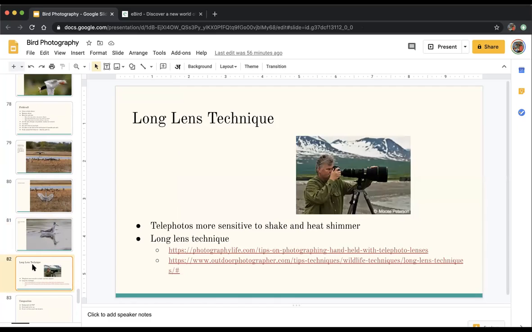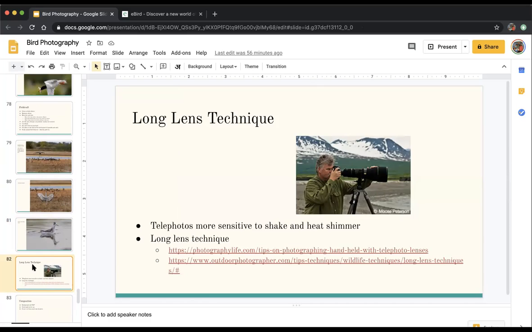Long lens technique. Even if you have a tripod with a long lens, you'll still get shake. And the longer the lens, the more sensitive it gets to shake, because it just takes a little bit of motion to translate into a big motion at wherever the subject is. So the lens is on the tripod.